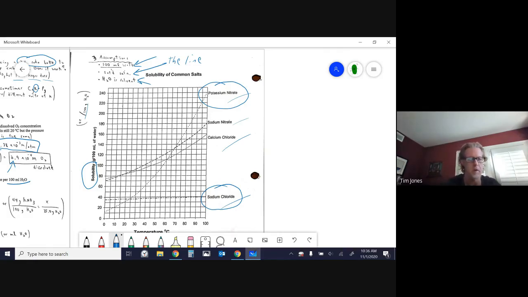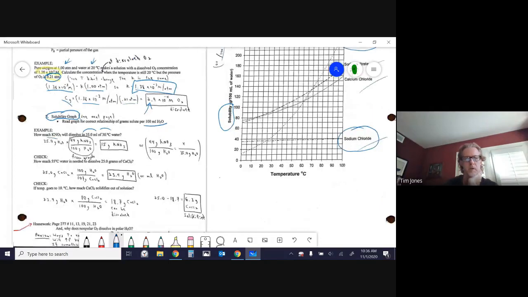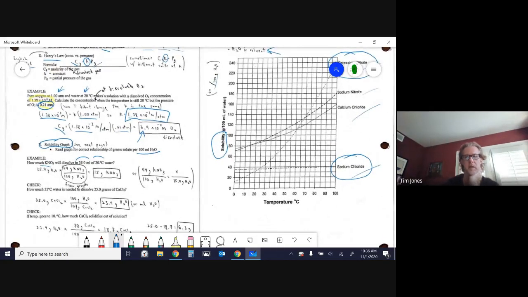So if we take a look at a problem, first one, how much potassium nitrate will dissolve in 35 milliliters of water, 30 degrees. So you just go over here on the graph. See if I can get them both on the screen at the same time. I can. And so potassium nitrate is that really steep curve.